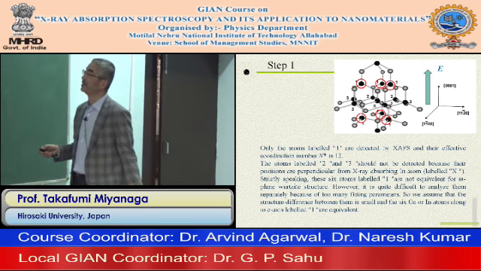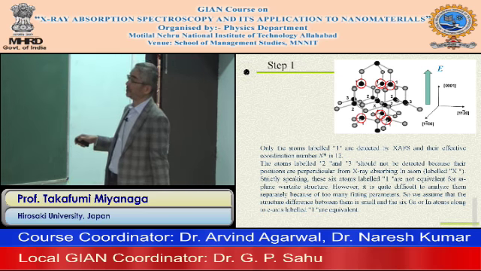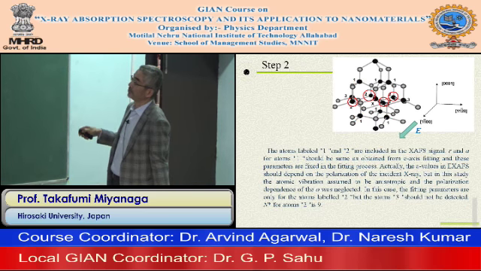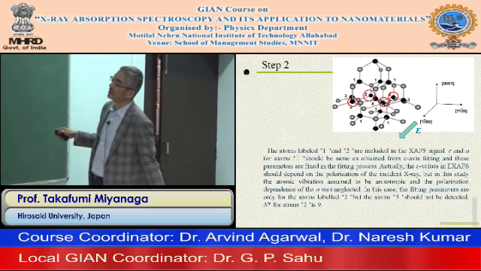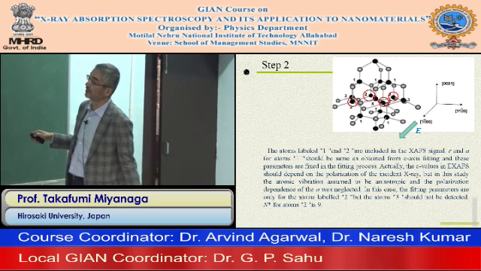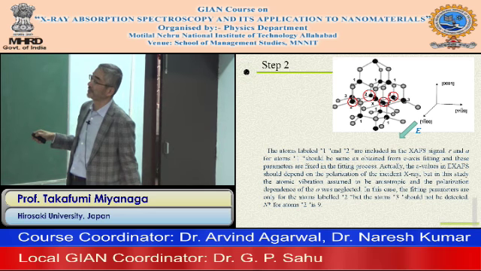Second step, our electric vector is parallel to A3. In this case, the X-ray detects only the first labeled and second labeled atoms. Third labeled atoms are on the 1, 1, 2, minus 0 axis.